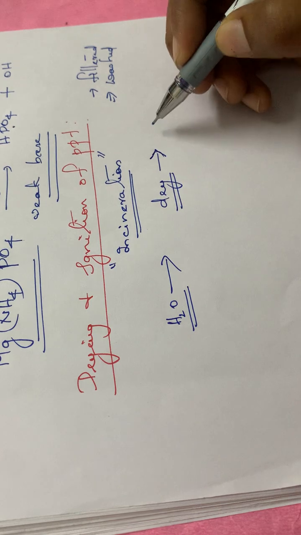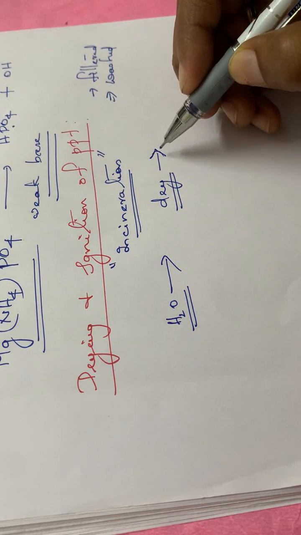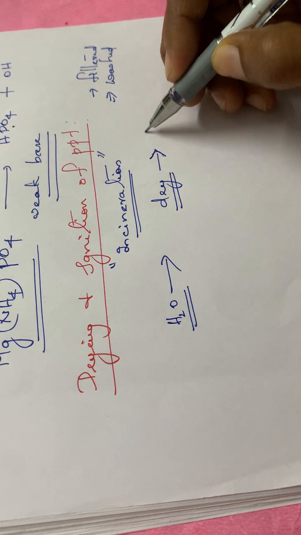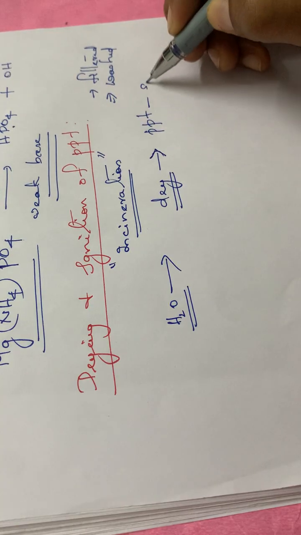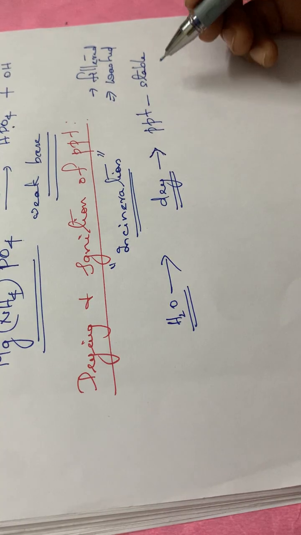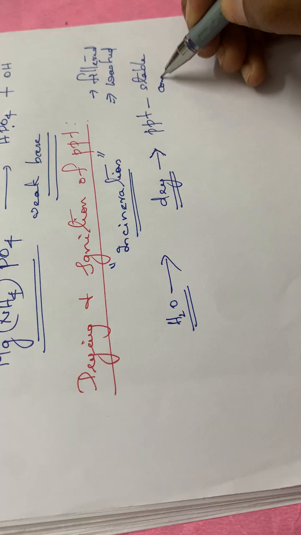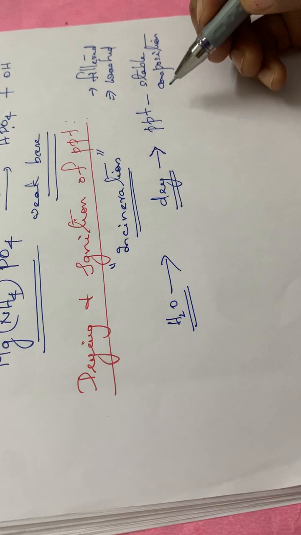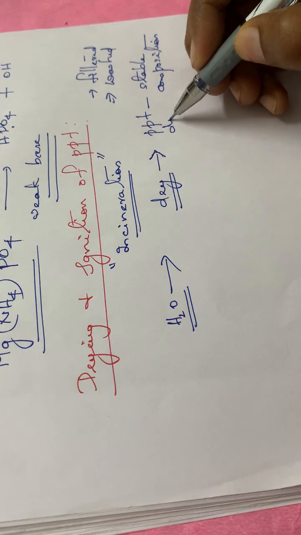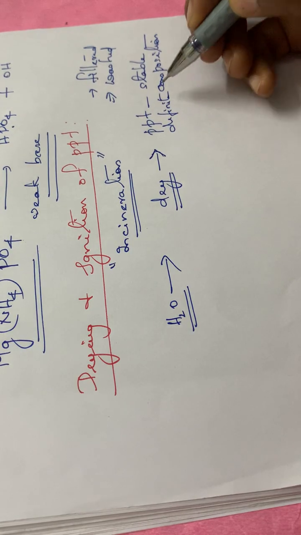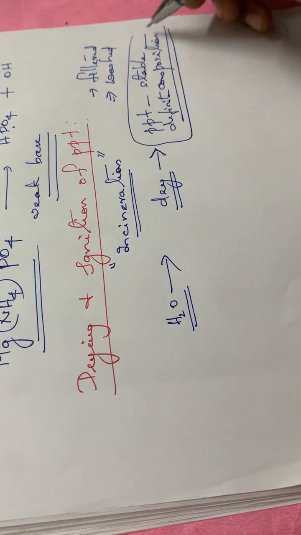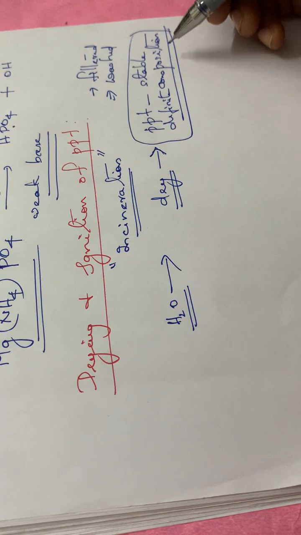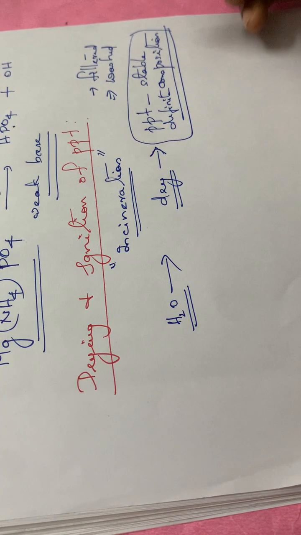After this drying, we will be getting a precipitate with a stable composition. The precipitate will be stable and it will have a definite composition. After drying and ignition, we will be getting a stable and definite composition precipitate.